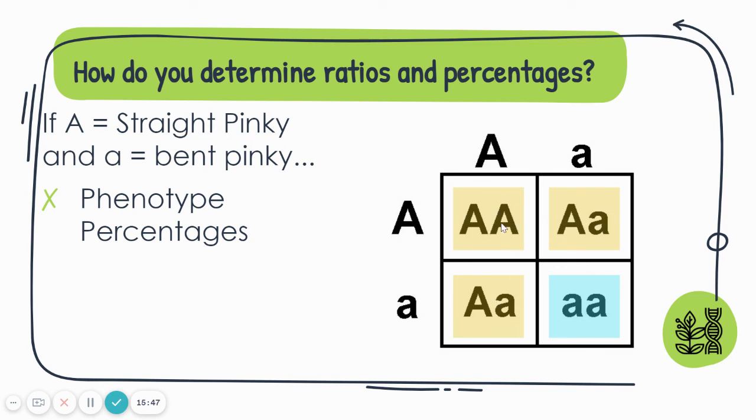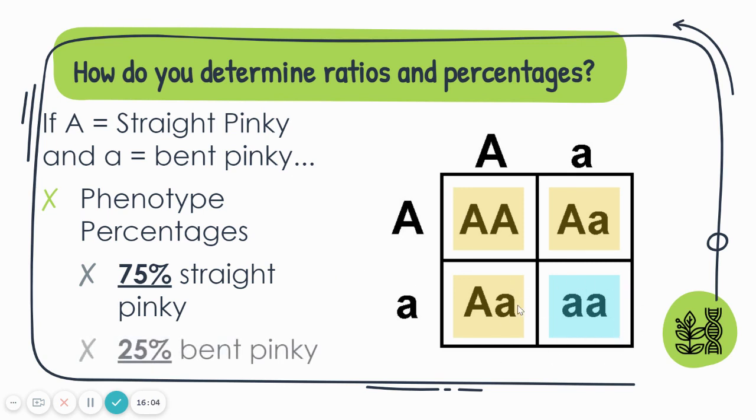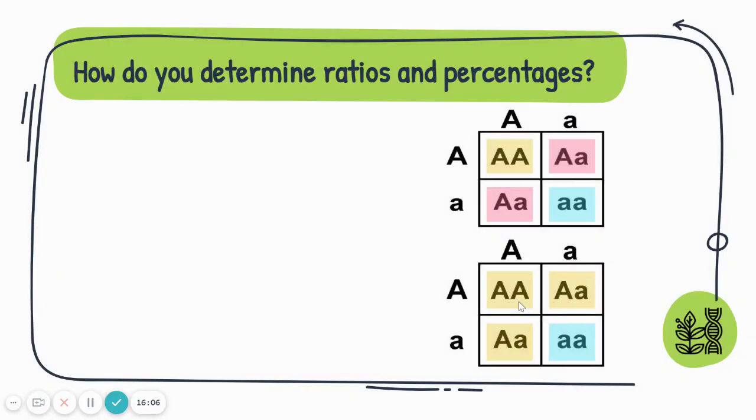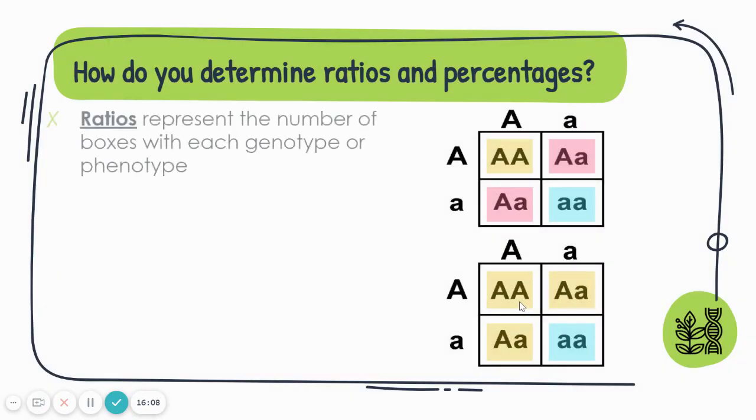So all 3 of these boxes are going to show straight pinky because that big A is always going to show even when it's with a little a. So that would be 3 boxes, 25% each, so 75% with a straight pinky. Then we have 1 box with 2 little letters, so 25% with a bent pinky. That's how you do percentages.